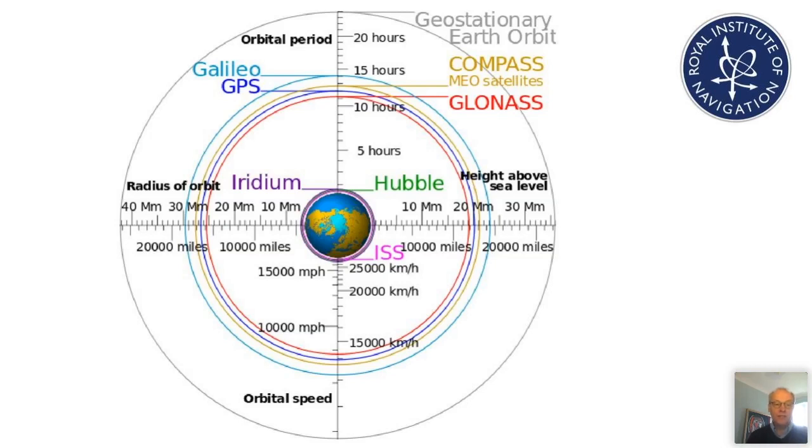And for the Hubble Space Telescope and International Space Station, you're talking about a few hundred kilometers. I think the International Space Station orbits at about 400 kilometers. So much, much closer in to the Earth than the GNSS satellites. So that's where these satellites are.